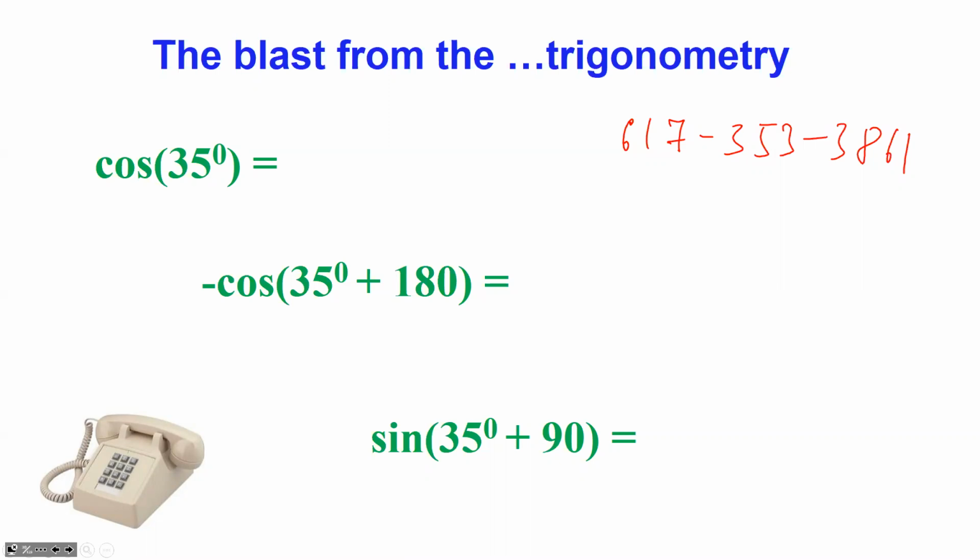So don't forget to switch it to degrees and calculate cosine of 35, then negative 1 times cosine of 35 plus 180, and then sine of 35 plus 90, and then please call me.